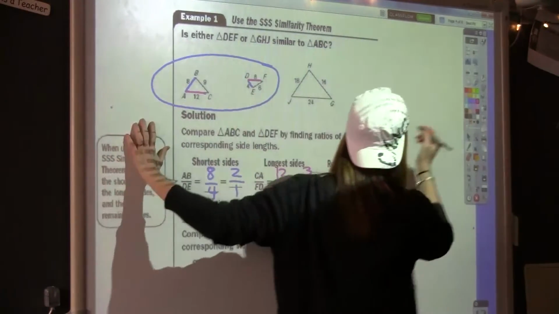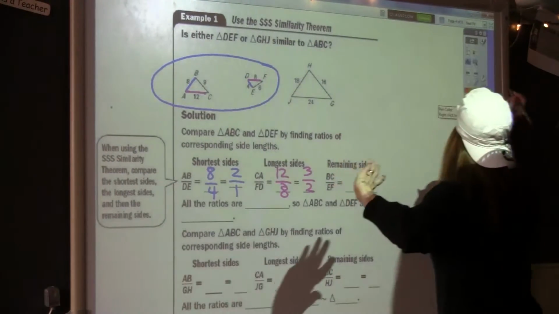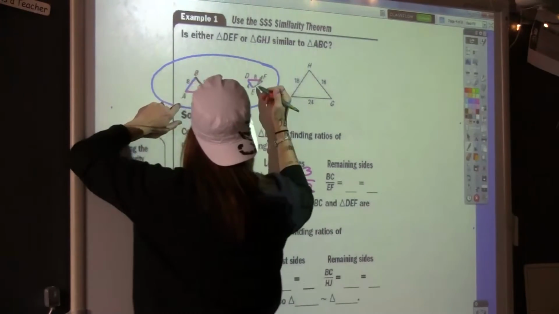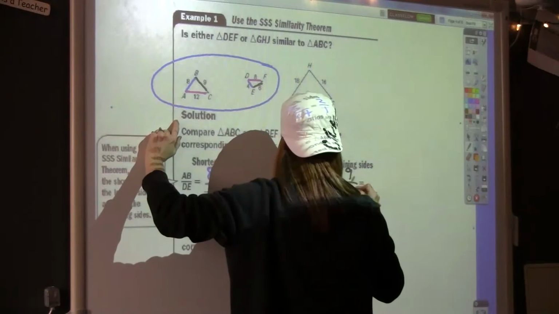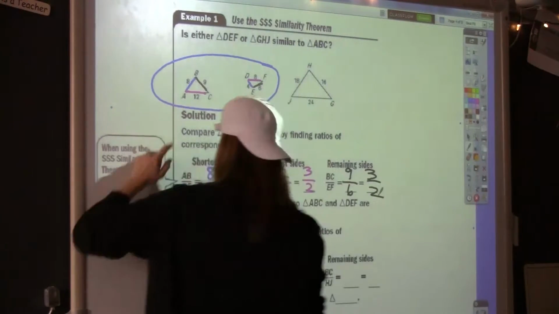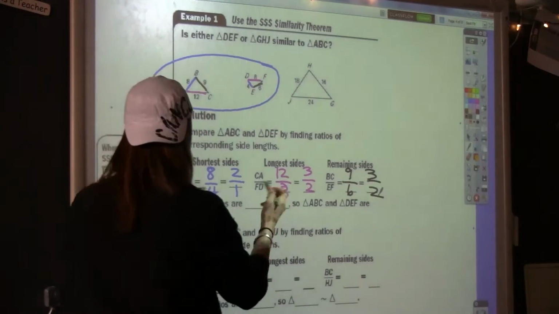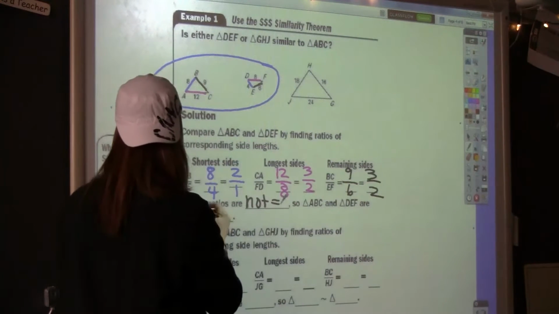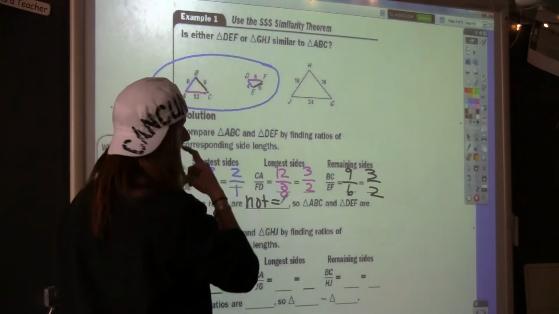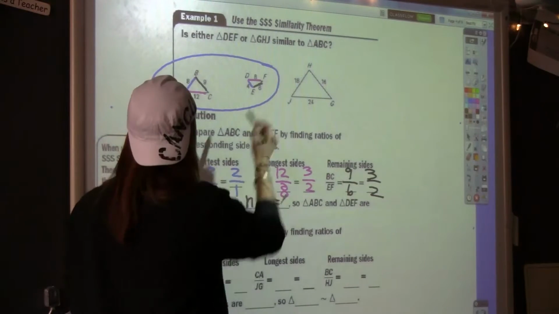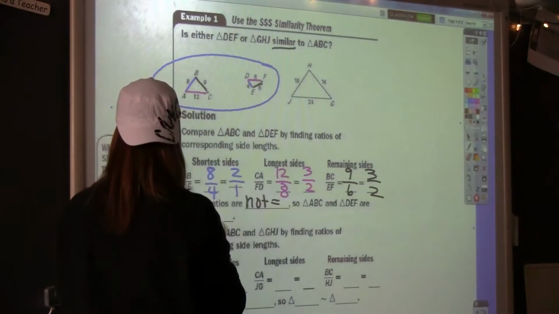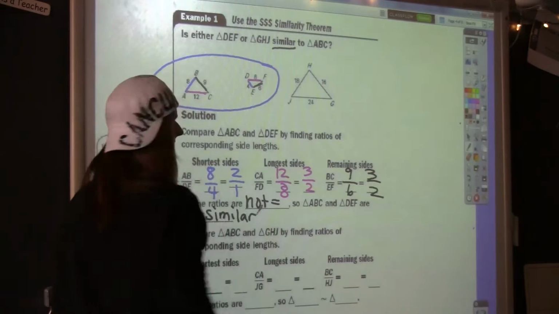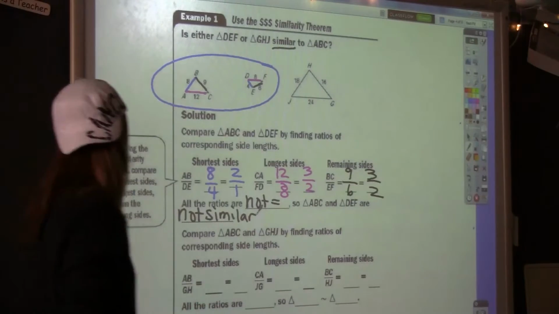And then the last, 9 to 6. That's going to be 3 over 2 as well. But either way, all the ratios are not equal. So those two triangles are not similar.